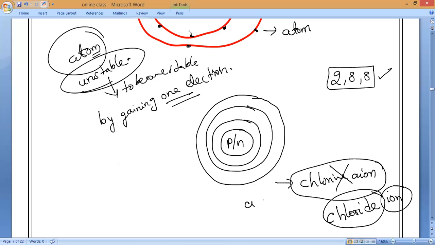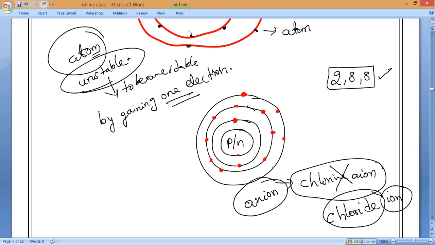All of you remember, an ion is one where the number of electrons is more than protons. So the first shell has 2 electrons, the second shell has 8 electrons, and the third shell also has 8 electrons.